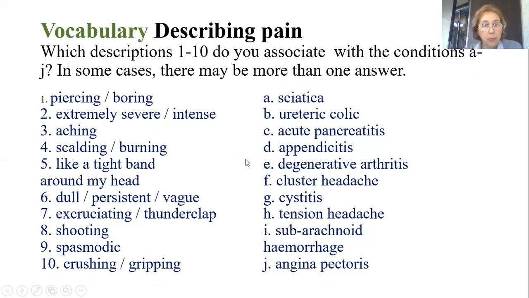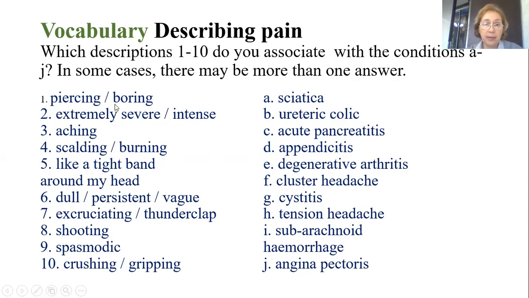Okay. So if we move on, there's a more complicated task here, because here we have the adjectives that can describe the pain, and there are some conditions that can be described with the help of these adjectives. So the adjectives are given to the right.